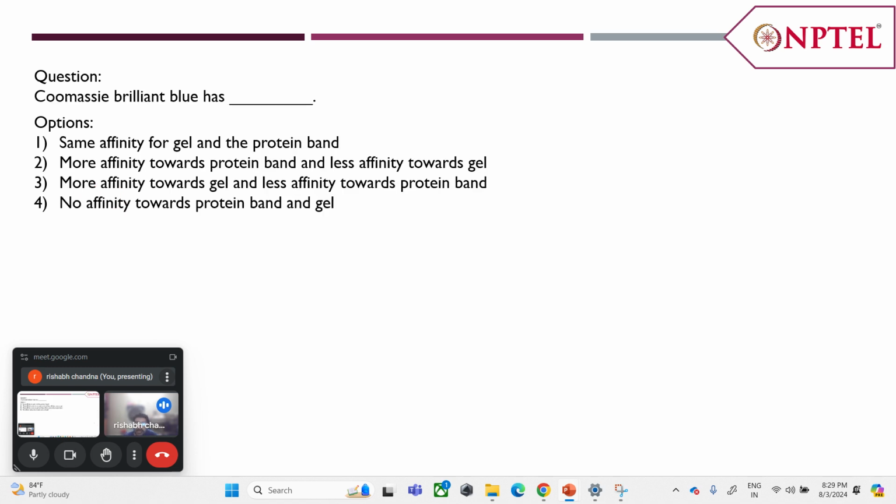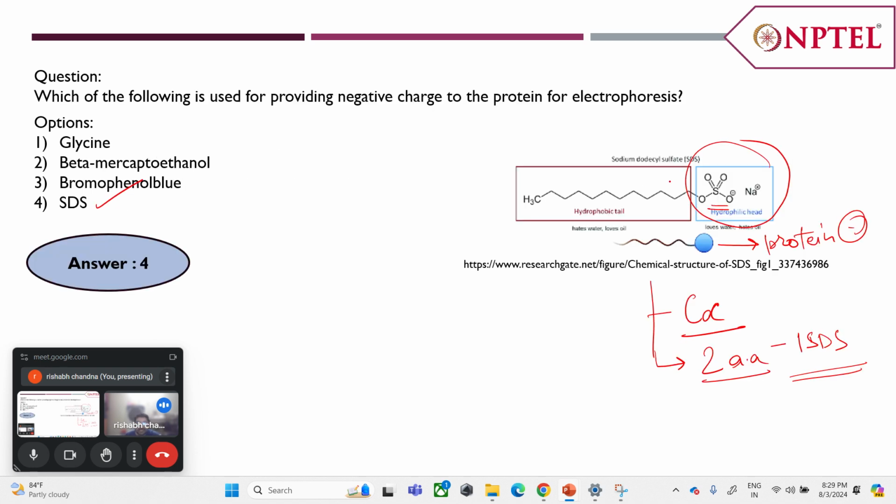So Coomassie Brilliant Blue, that is a dye, has same affinity for gel and the protein band. Okay, so it's the structure. There is no specific reason why it only binds two amino acids, but because of the structure of SDS, which has a long hydrophobic tail, and the amino acids that are arranged in the form, as you know, the structure of the peptide bond, it is this in shape.